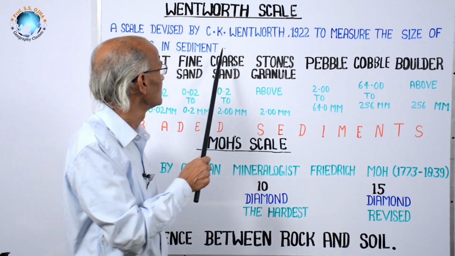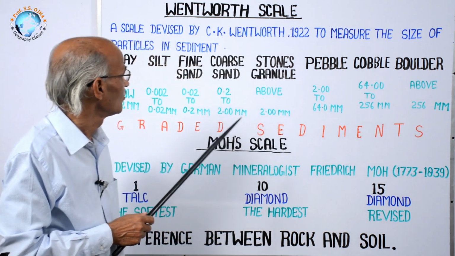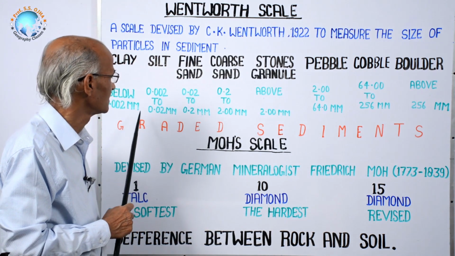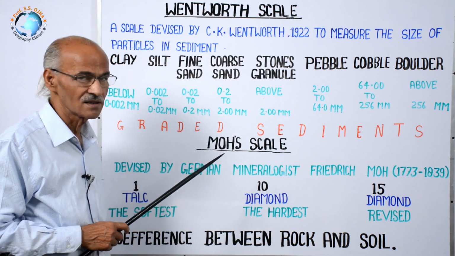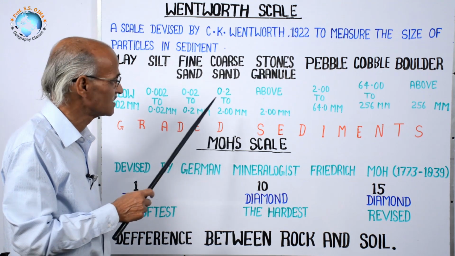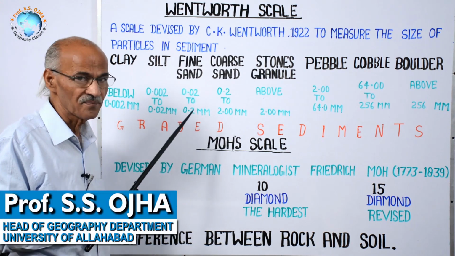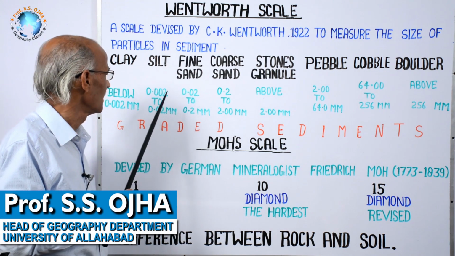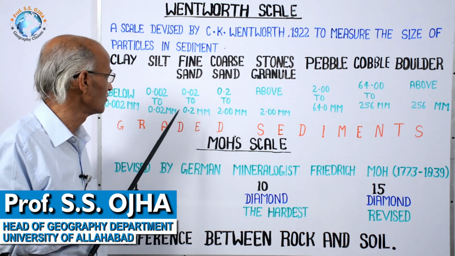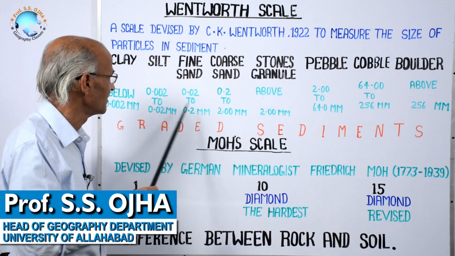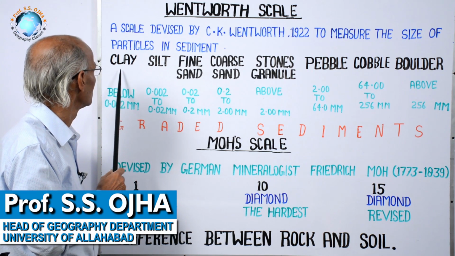C.K. Wentworth in 1922 devised a scale wherein he put all the sediments in sequence with increasing size, and especially in sedimentary rock or in igneous rock, the particles or bits constitute that rock, and those bits, if disintegrated by weathering and erosion process, this sediment system is as given in this table.